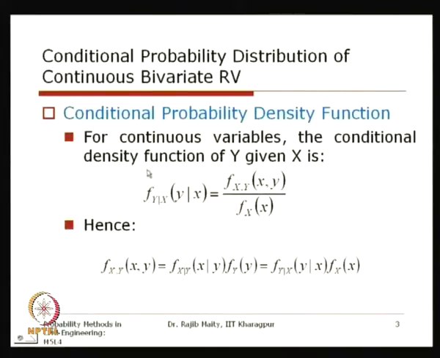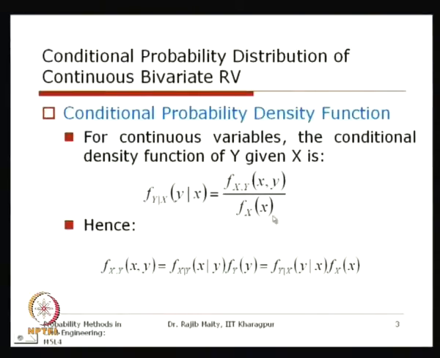The first is that it should be non-negative, and the second is that the summation over the entire support should equal 1. Here, for the summation, you have to do the integration over the entire range of the random variable concerned, and that should be equal to 1.